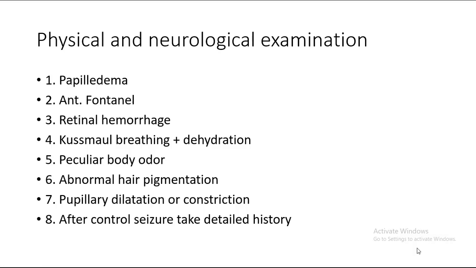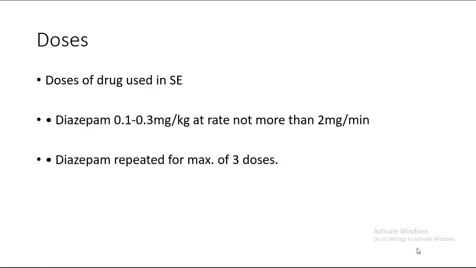If there is peculiar body odor like acidotic odor, or abnormal hair pigmentation, which may indicate an underlying inborn error of metabolism. Pupillary problems, dilatation or constriction, may indicate toxin ingestion or intracranial lesion. And then, after controlling the seizure, we have to take a detailed history.